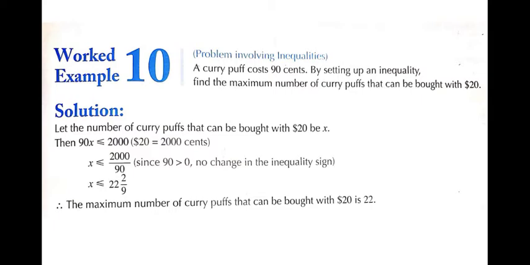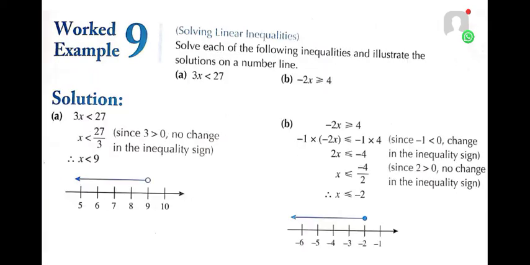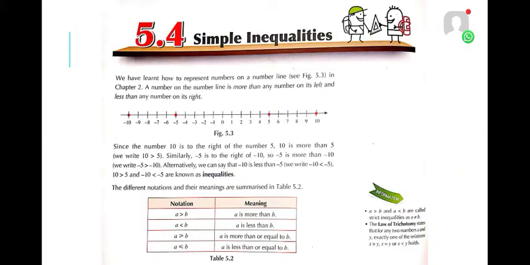By setting up an inequality, find the maximum number of curry puffs that can be bought with $20. Let's see how they form the inequality. 90x is less than or equal to, this is how you read it, right?